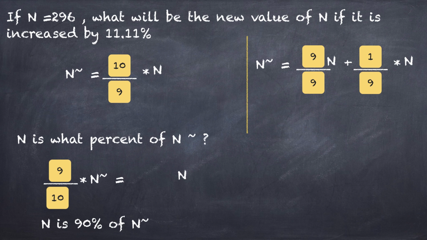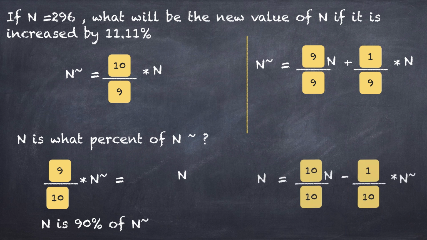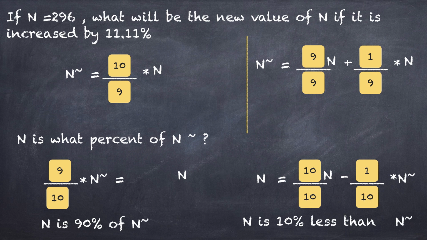Or I can split the fraction and n will become 10 by 10 of n dash. Once again, that n there is an errata. 10 by 10 of n dash minus 1 by 10 of n dash. So that means n is 1 by 10 less than n dash, and 1 by 10 is 10%. So n is 10% less than n dash. Of course, you could have just reduced this from the first language also.